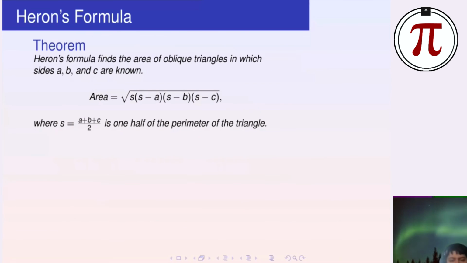So this is the formula: the area equals the square root of S times S minus a, S minus b, and S minus c, where S equals a plus b plus c over 2, which is one half of the perimeter of the triangle. You can call it the semi-perimeter.